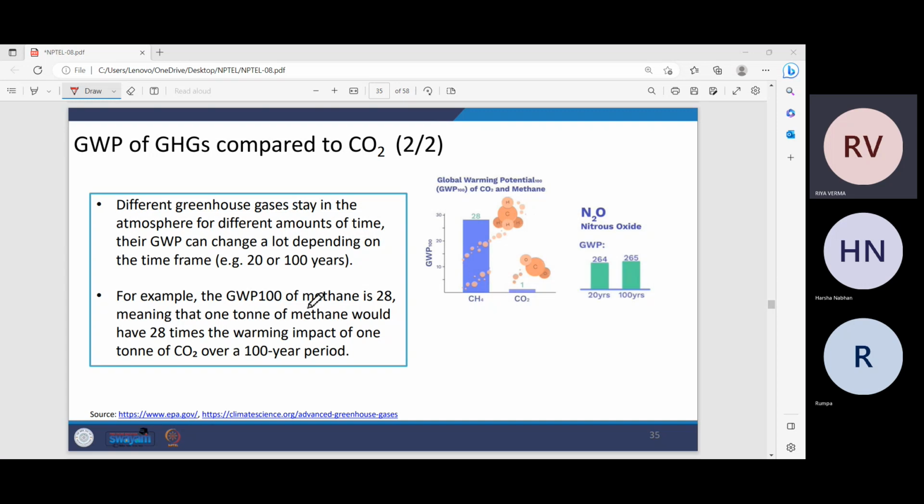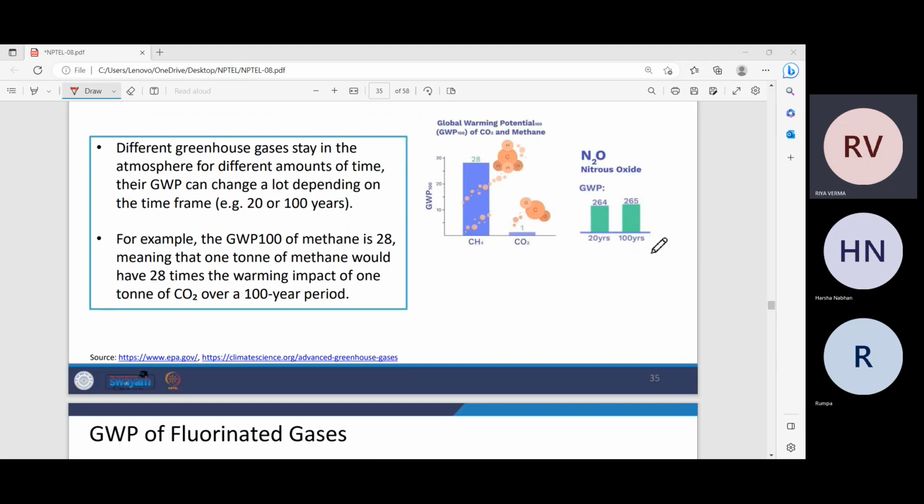So which time frame we are taking also affects the GWP values. For example, if we take a time frame of 20 years and then a time frame of 100 years, you can see in this picture that the GWP values of 20 years and 100 years are different for nitrous oxide.